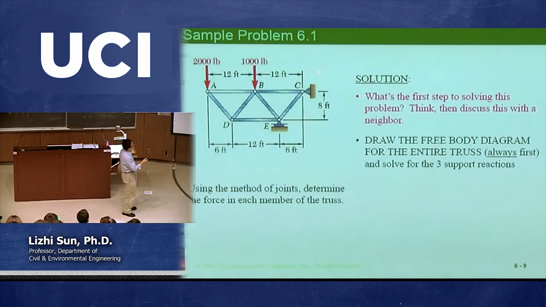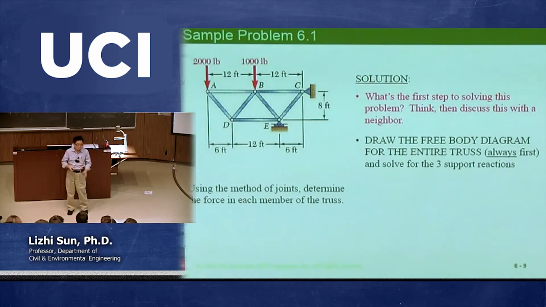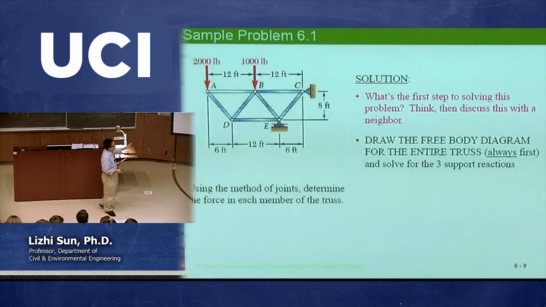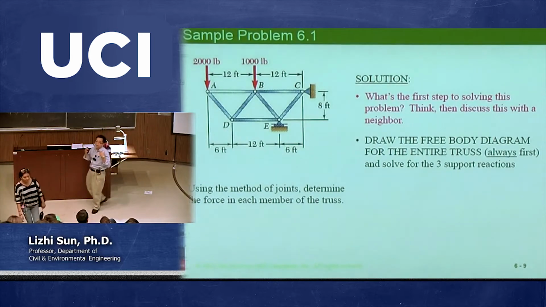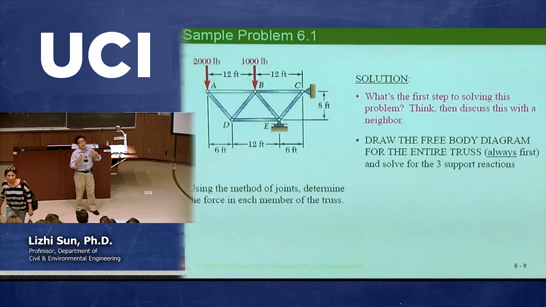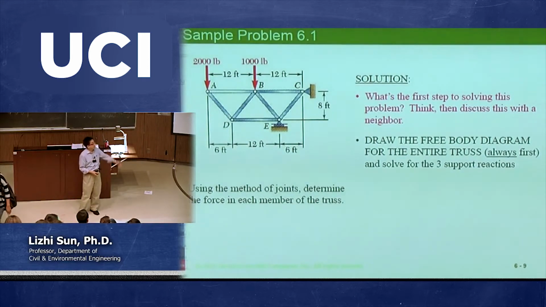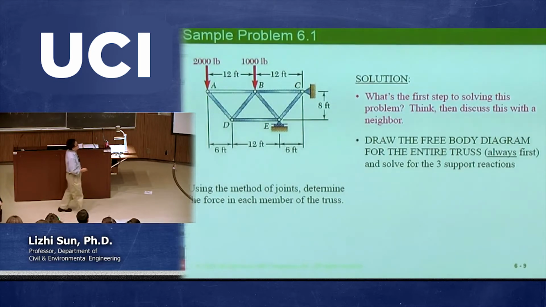The first step is to look at the entire structure as the free body diagram and calculate those reactions first. That is very consistent with chapter 4. But that's not enough. Then, starting from chapter 2, you need to make cuts so that you can calculate the internal forces. That's why we talk about this example.